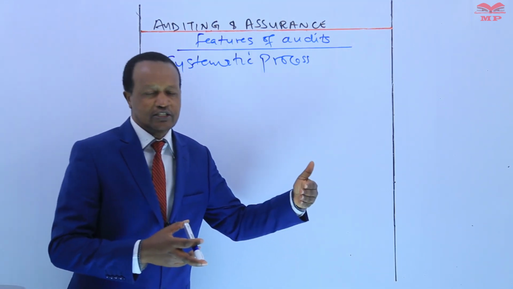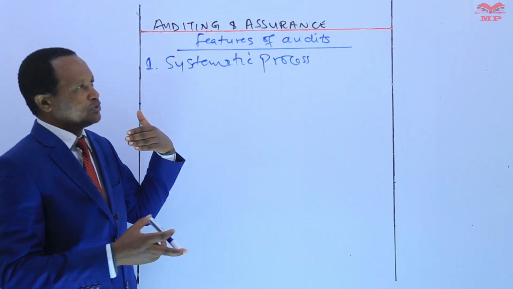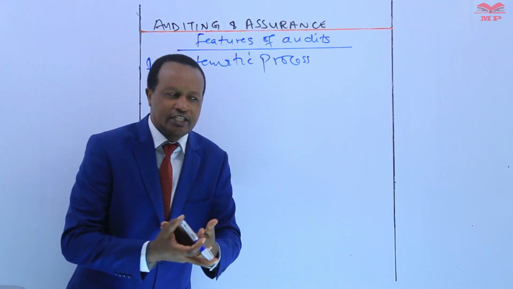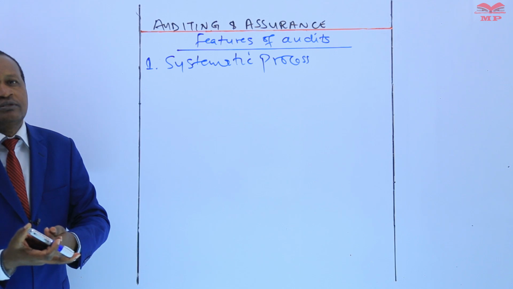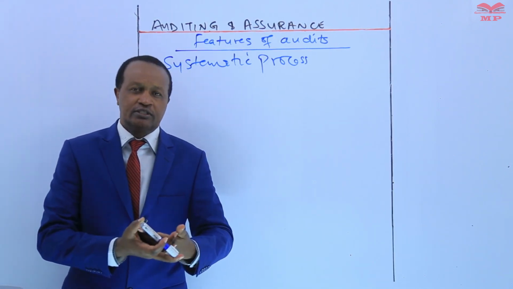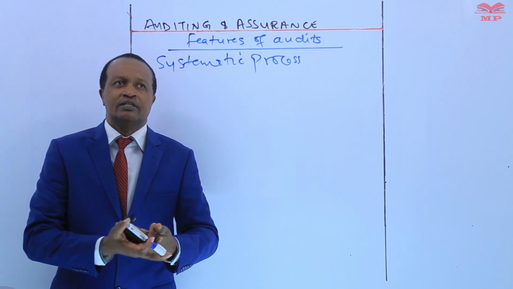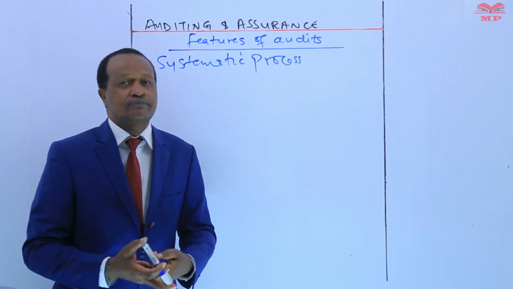There are various stages. When you say systematic, it means the auditing process follows a structured and organized approach guided by professional standards and methodologies. And later on, we shall be studying the international standards on auditing.